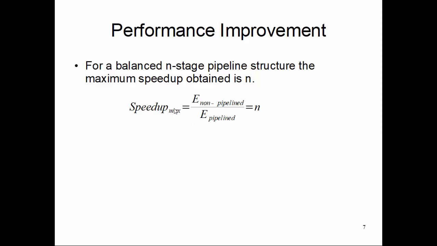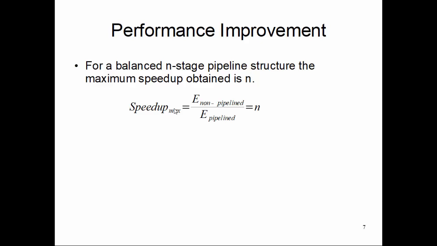Anyway, the speedup is the execution time in the non-pipelined version versus the execution time in the pipelined version, which equals n, where n is the number of stages or steps in which a complete instruction is executed.